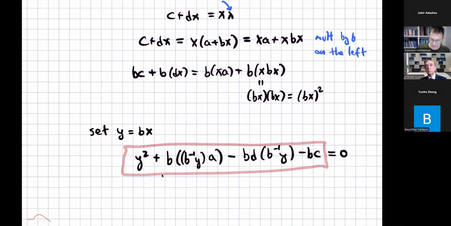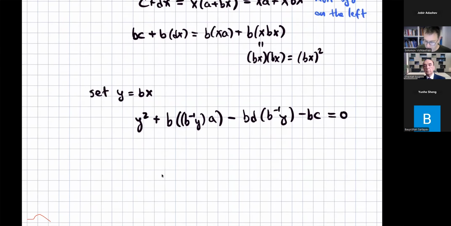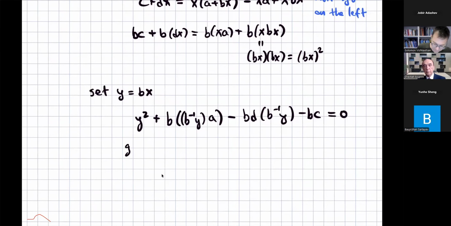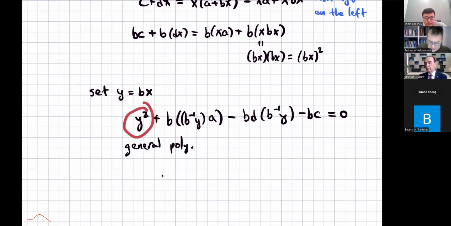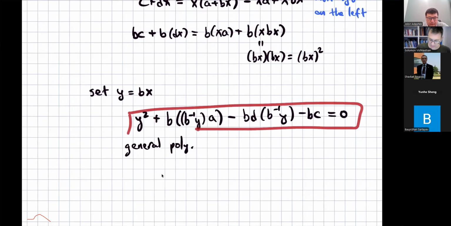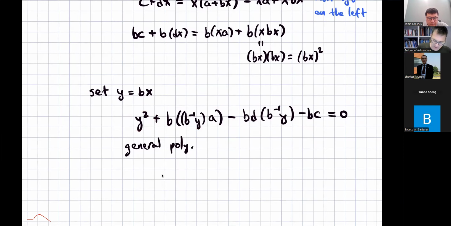So what we have here is a general polynomial. We have the leading term, the highest degree term here. It's unique. We have y squared, and it's monic. And this means basically that this polynomial must have a root over O.